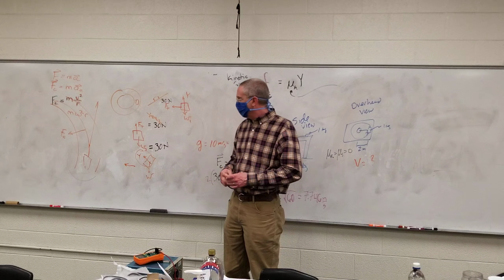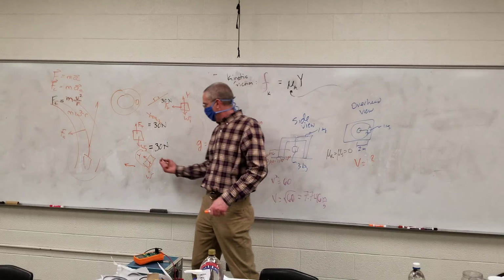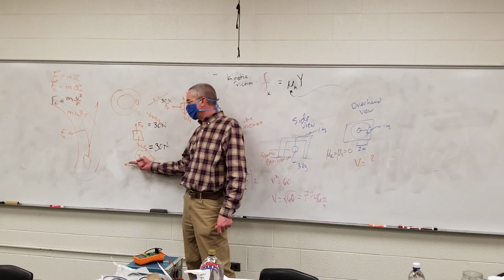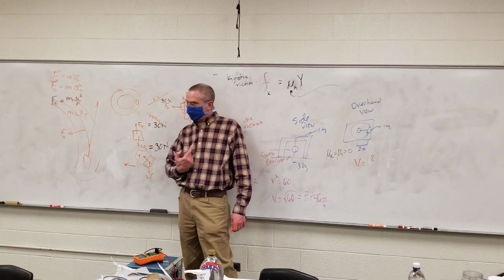Part of the normal force is up, which is fighting against the weight. And part of the normal force is to the left, which allows it to go around the curve.